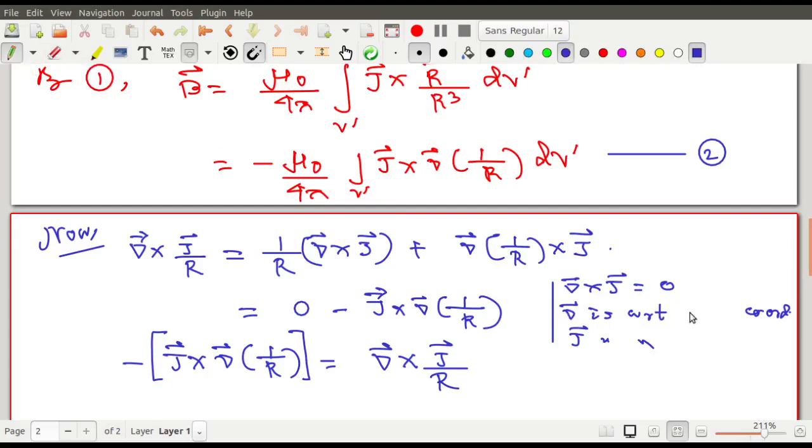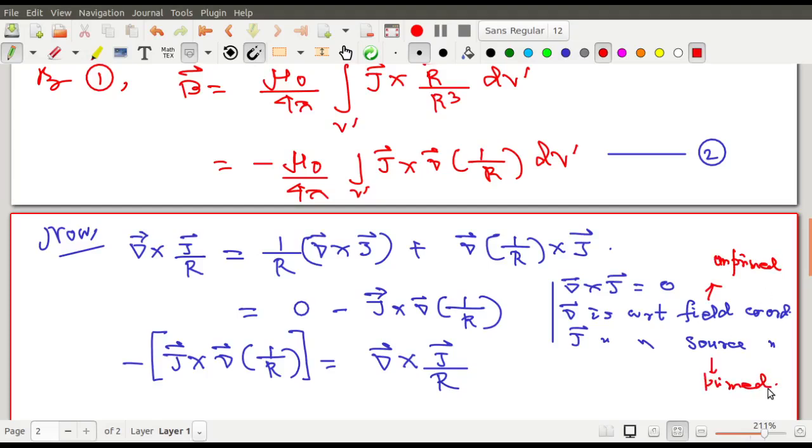This gradient is with respect to the field coordinate, মানে the point where we are interested to find the field, and this j vector is with respect to the source coordinate. Field coordinate means it is unprimed, x, y, z, and source coordinate means it is the primed coordinate.